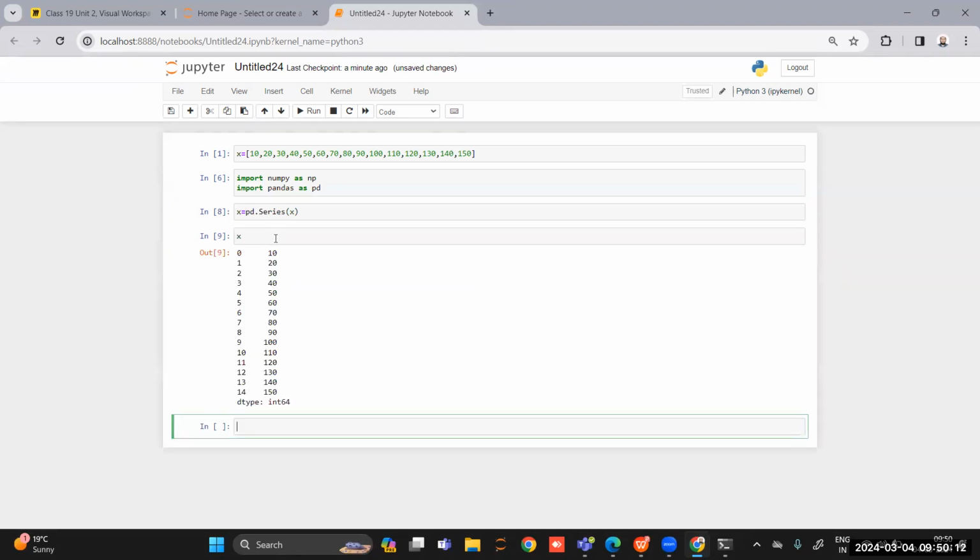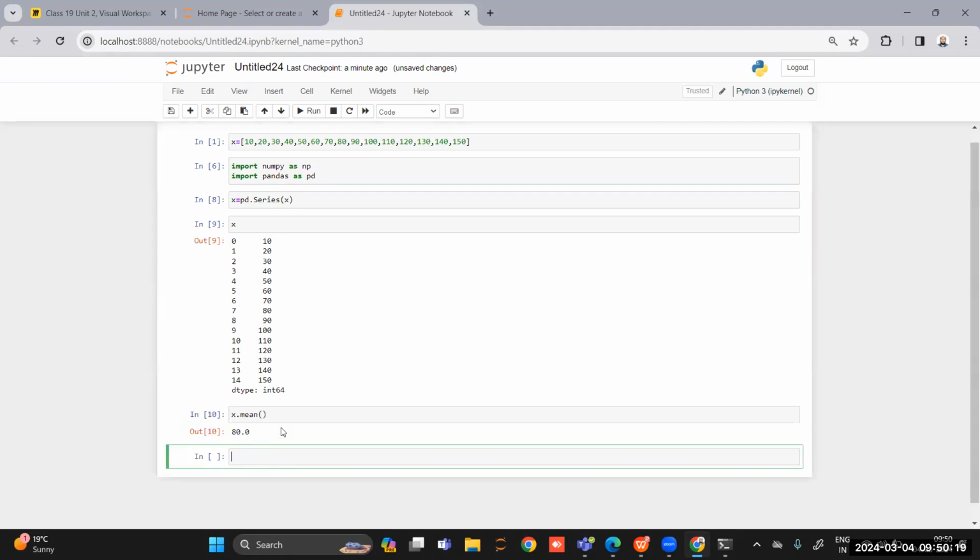So x is our data on the x variable. Okay, so x.mean. The mean is 80, and x.std gives the standard deviation.